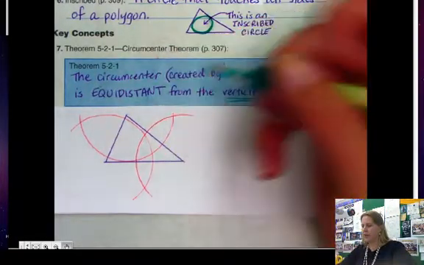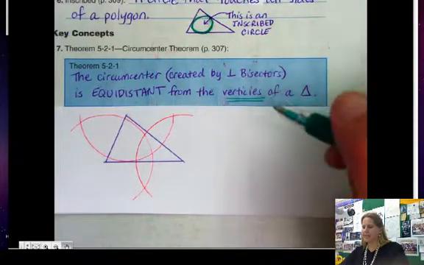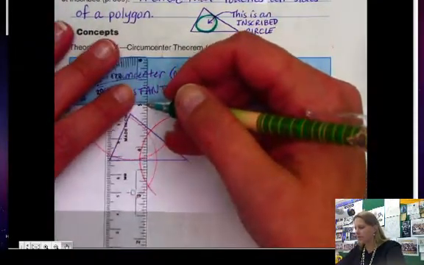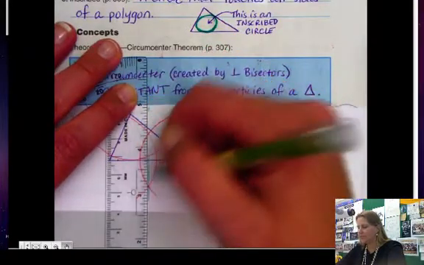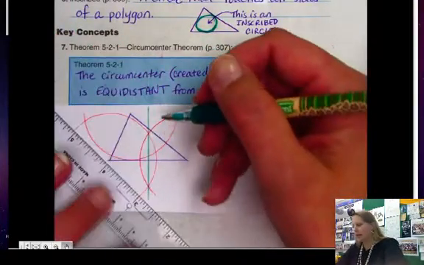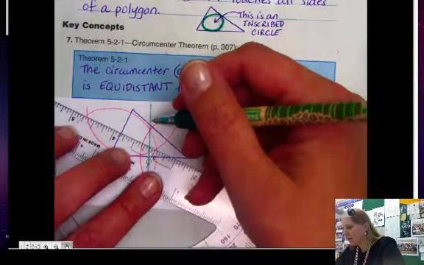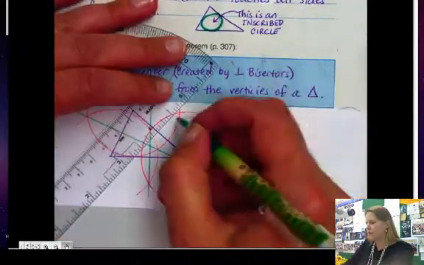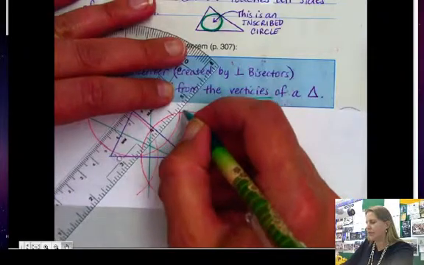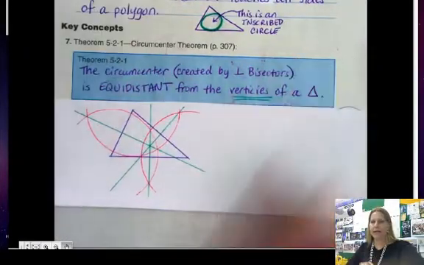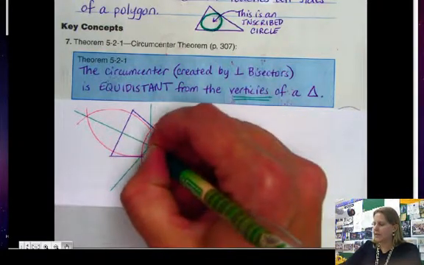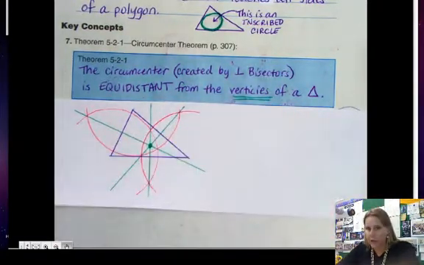Now we're going to find the perpendicular bisectors, where it meets. So we're going to use our straight edge to connect the dots here, and on all three of the sides. And what you should find if you constructed it correctly is they should all connect in one single point of concurrency.